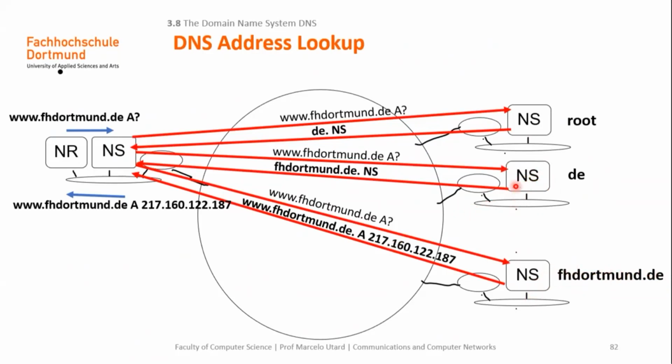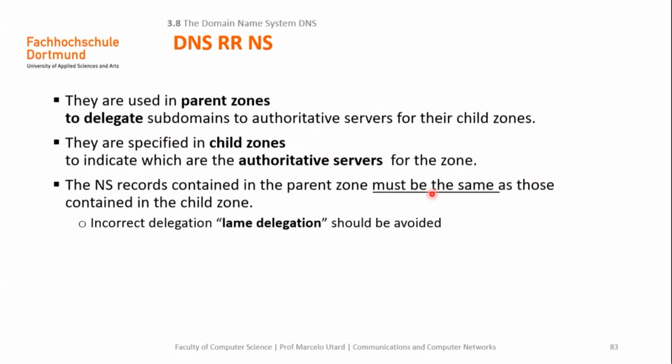And in that case, the NS records that need to be stored permanently in the parent zone are called glue records. And what is important to know is that the glue records must be the same as the NS records in the child zone.